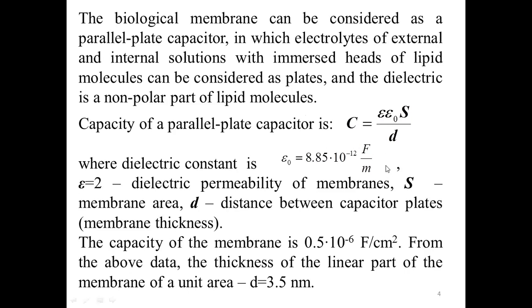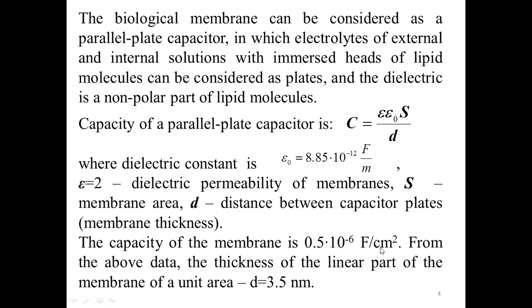S represents membrane area and d the distance between capacitor plates, or membrane thickness. The capacity of membrane on average is about 0.5 × 10⁻⁶ farad per centimeter squared.